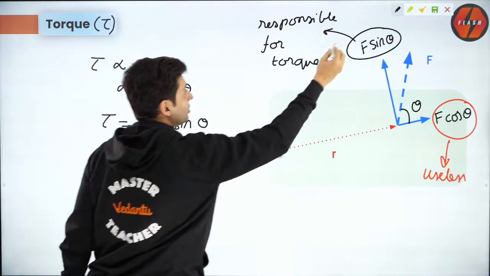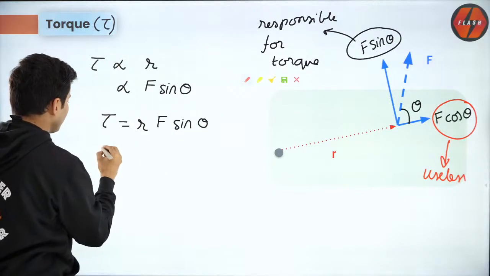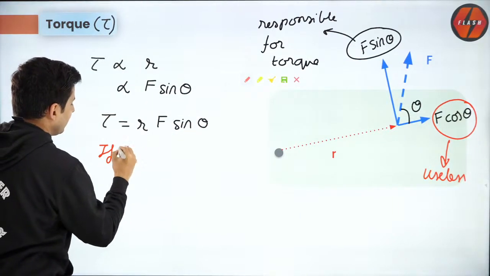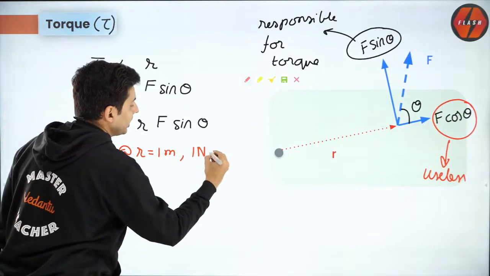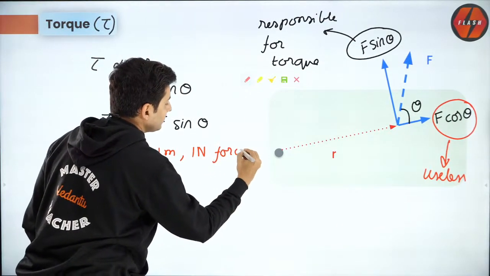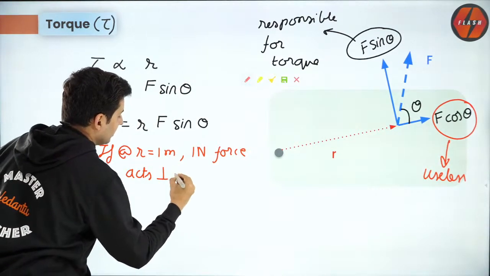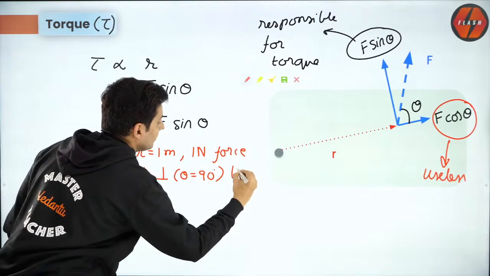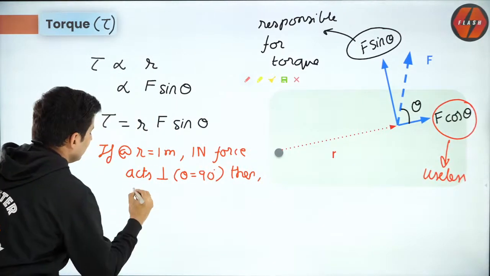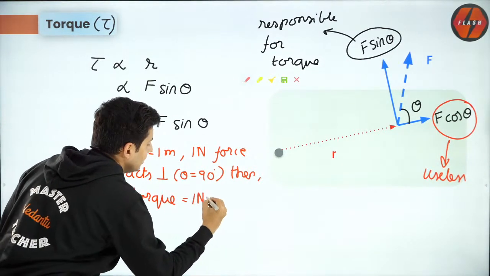And then I can also specify the units of torque, which is, if R is equal to 1 meter, and 1 Newton force acts perpendicular, that is theta is equal to 90 degrees, then the torque is 1 Newton meter.